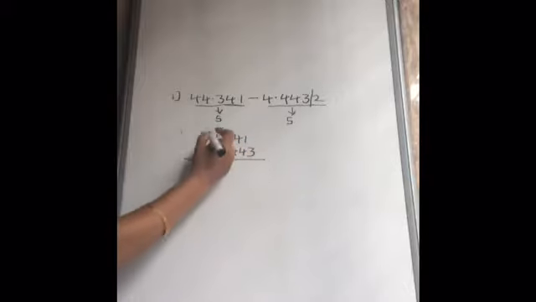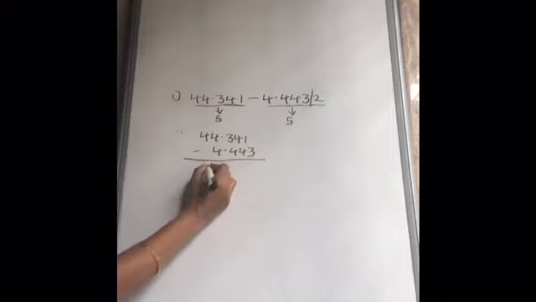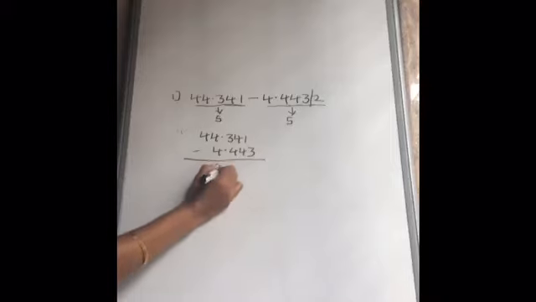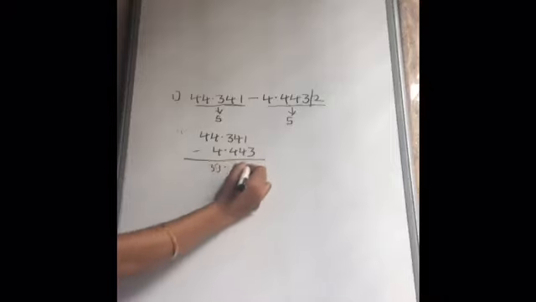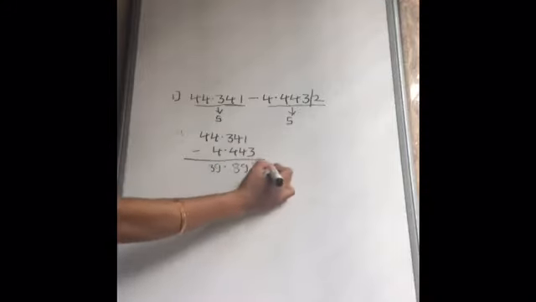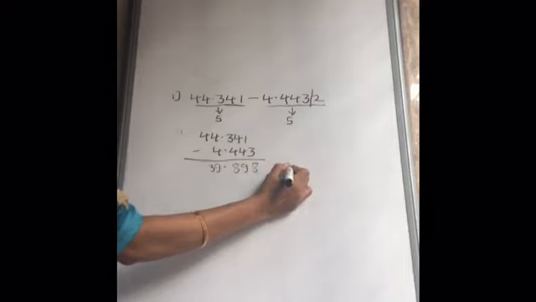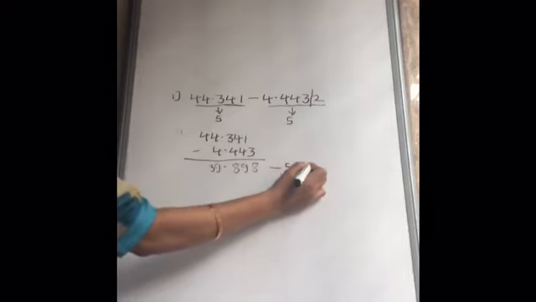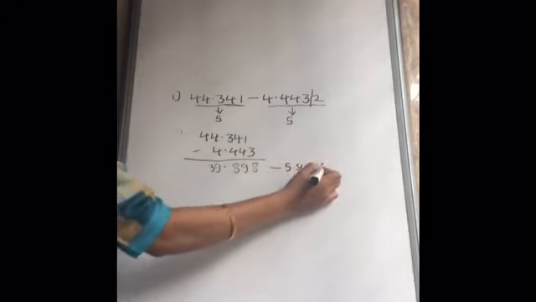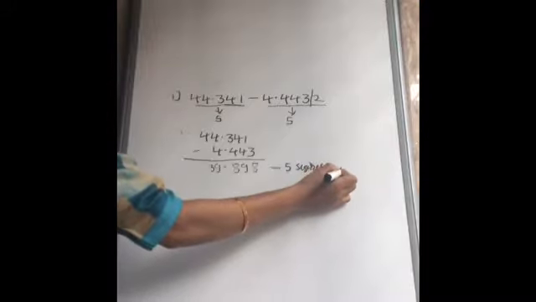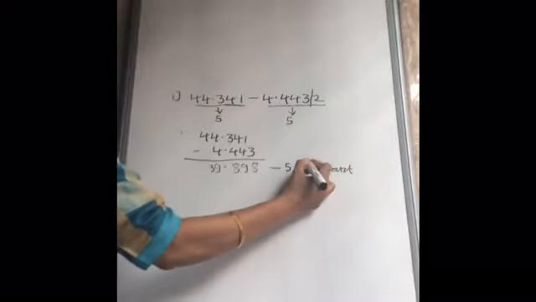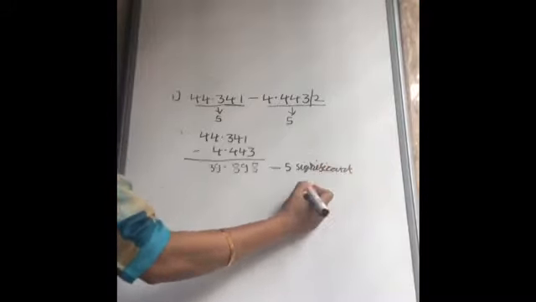The subtraction is 39.898. It has 5 significant figures.